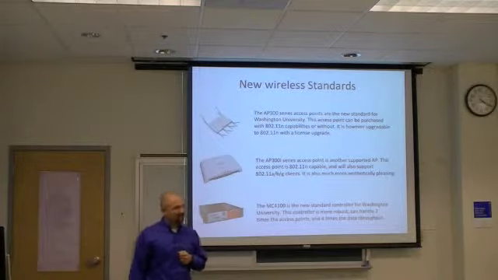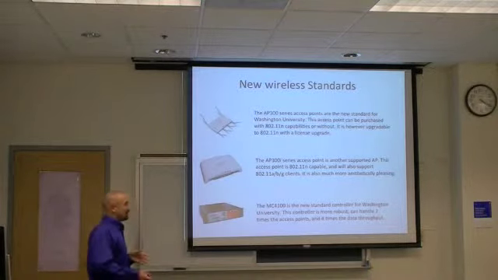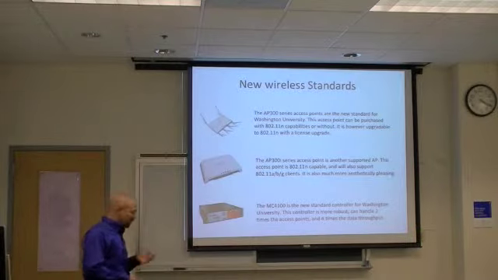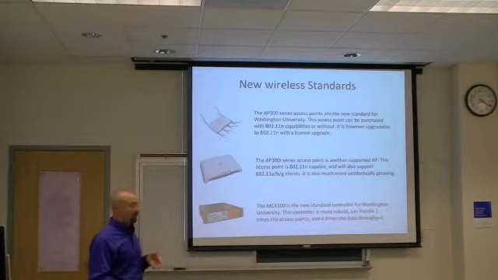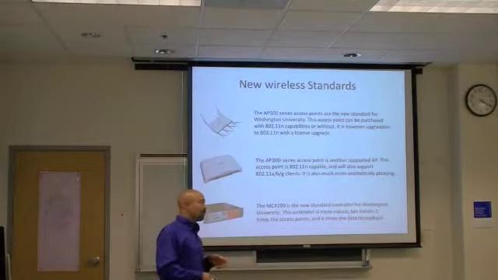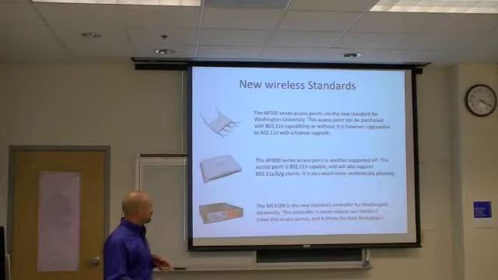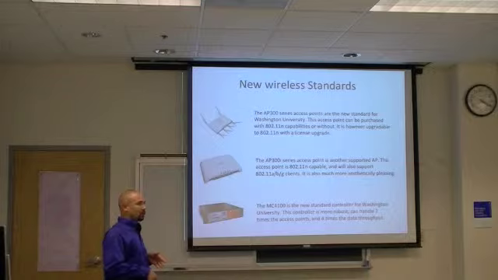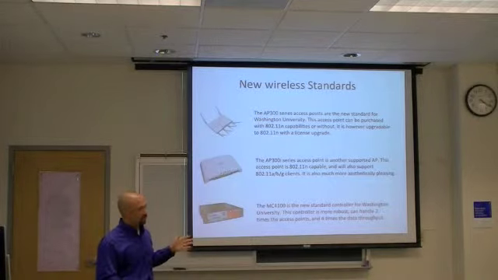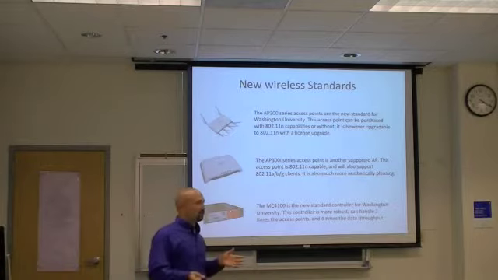What does that mean? So 802.11a runs on the 5 gigahertz channel. 802.11 b/g is a lower frequency, 2.4. The 5 gigahertz channel won't penetrate walls or get through as much.